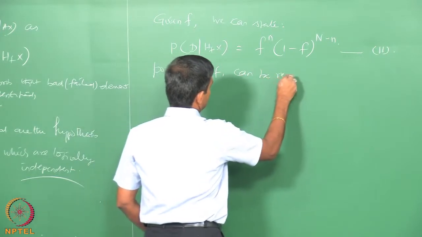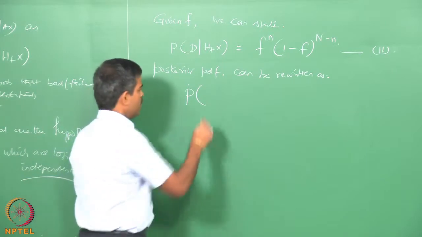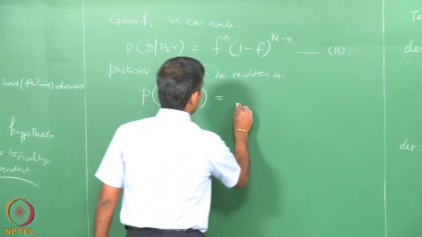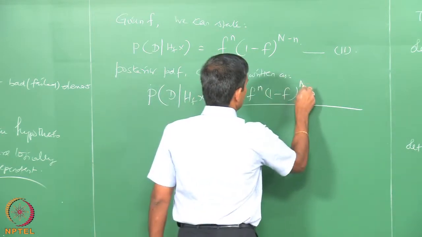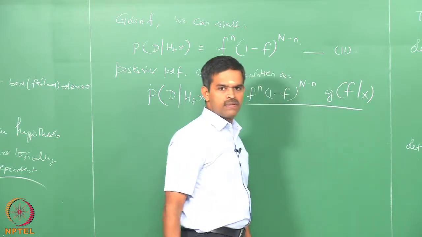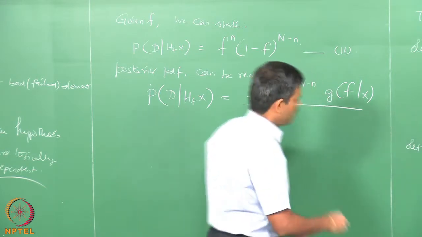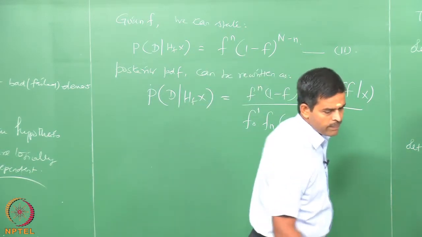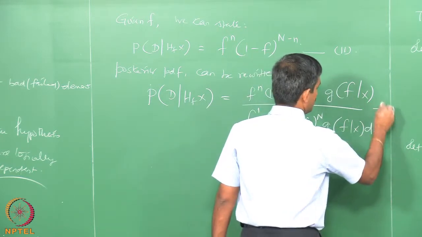can be rewritten as probability of D given H of x is f to the power n, 1 minus f raised to the power N minus n, g of f given x, divided by the integral from f 0 to f n of f to the power n, 1 minus f to the power N minus n, g of f given x, df, equation number 12.